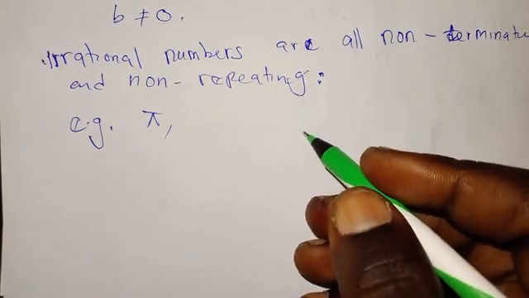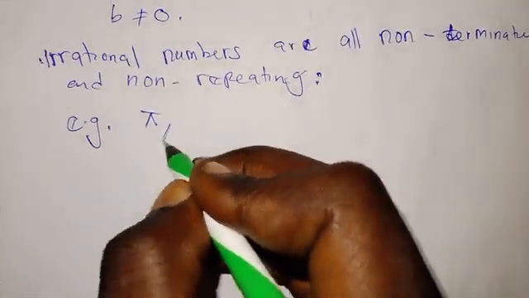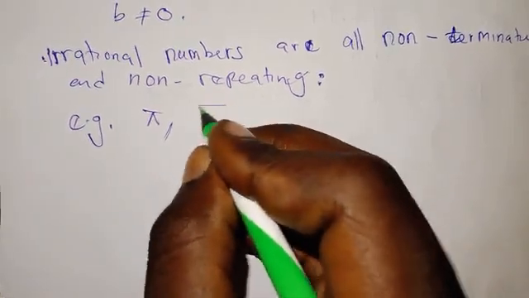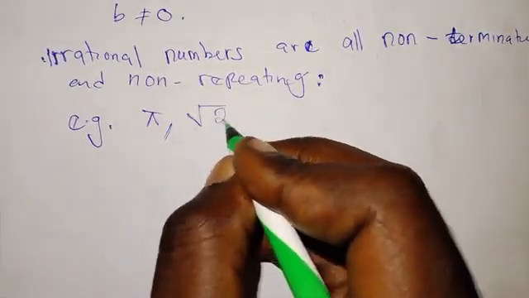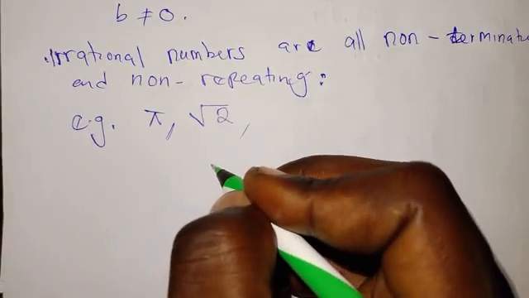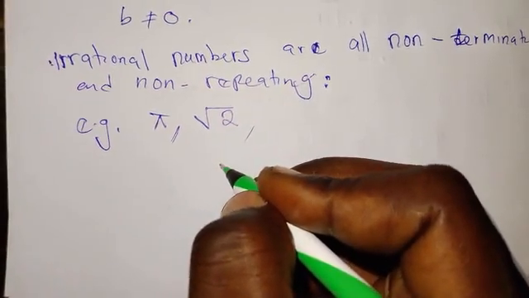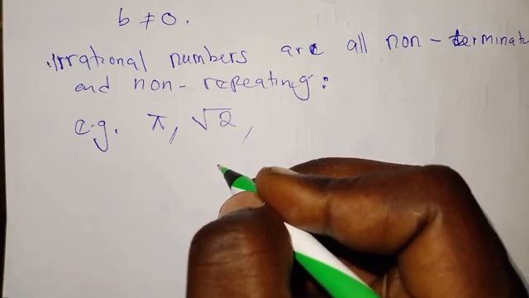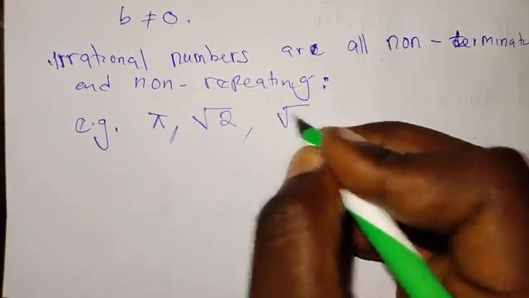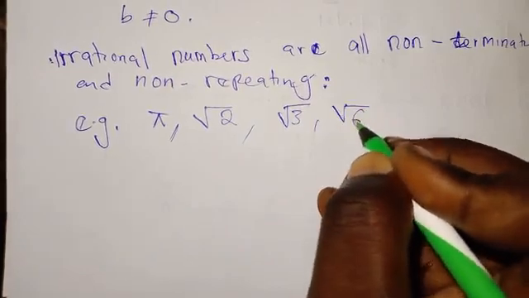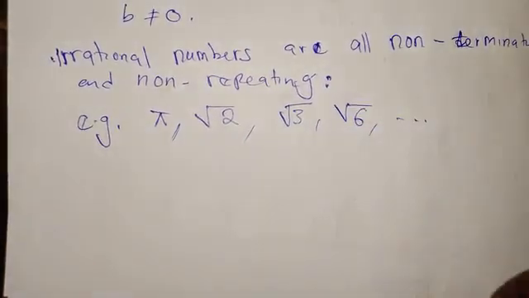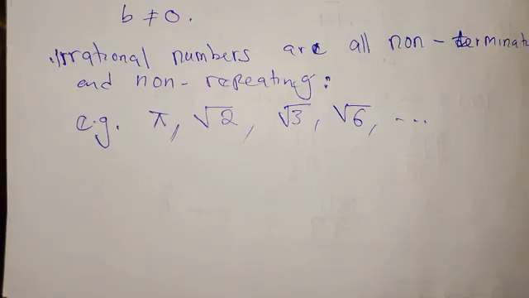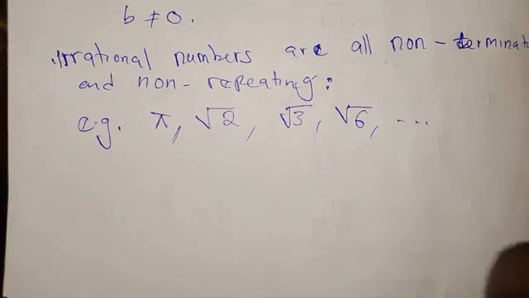It will keep going on and on. We talk about the square root of 2. Punch the square root of 2 and you see the decimal number you are going to have. It is continuous, non-terminating and non-repeating. Square root of 3, square root of 6, and so on. All those are irrational numbers.